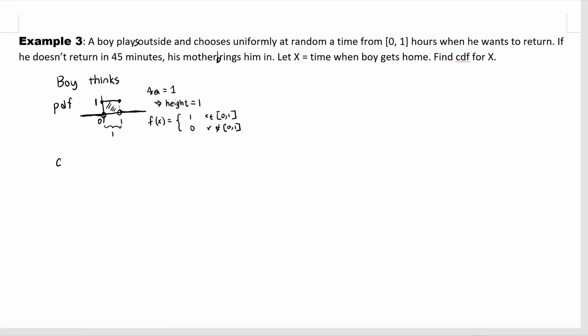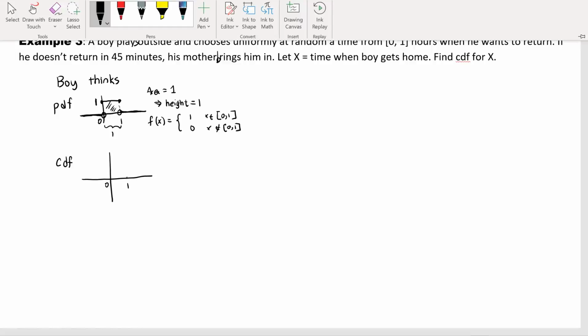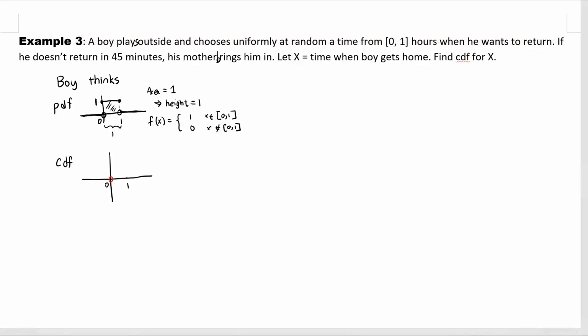And then what is the CDF for that? Let's draw pictures. Let me use a different color. The CDF is the integral. When x is less than 0, the small f is 0, so it stays there. When x is between 0 and 1, you integrate 1.